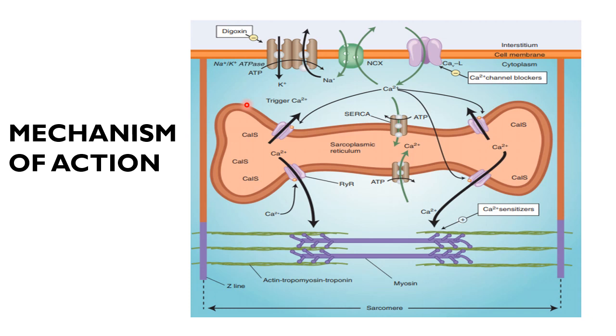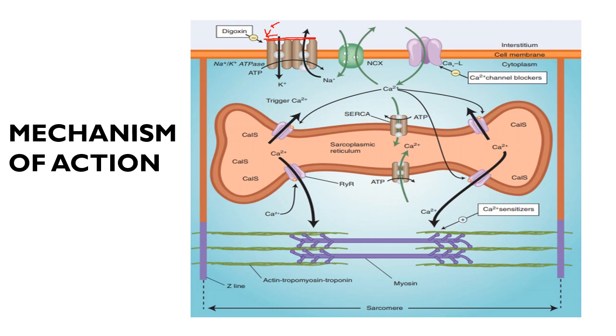There is another important point which I want to highlight over here, that digoxin binds to the sodium potassium ATPase at the same site where potassium would bind. So it means that potassium and digoxin are competing for the same site on the sodium potassium ATPase.